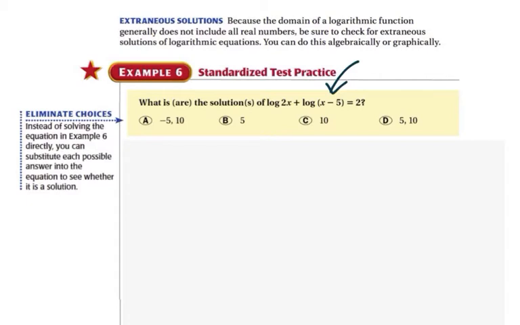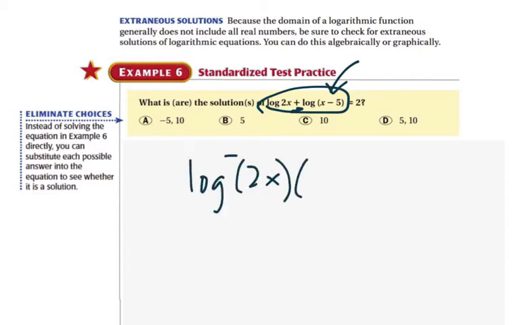So in this problem, the first thing you need to do is use the properties that you learned from 4.5 to compress the log expression into one log by combining the addition sign into multiplication, which means the left side of the equation becomes log of 2x times x minus 5.